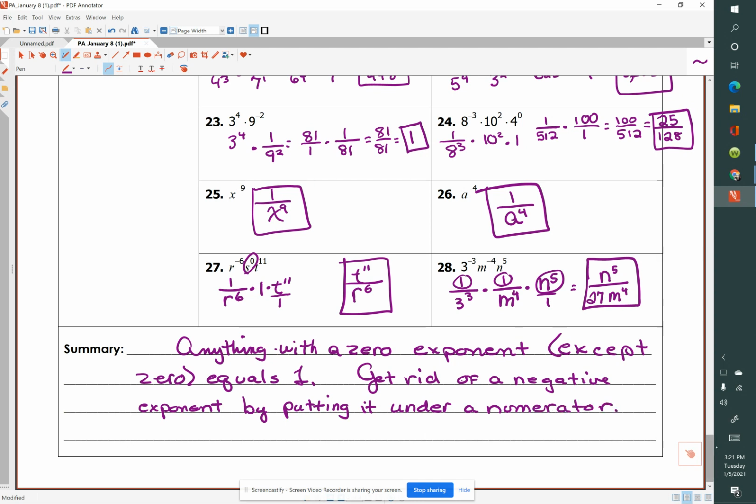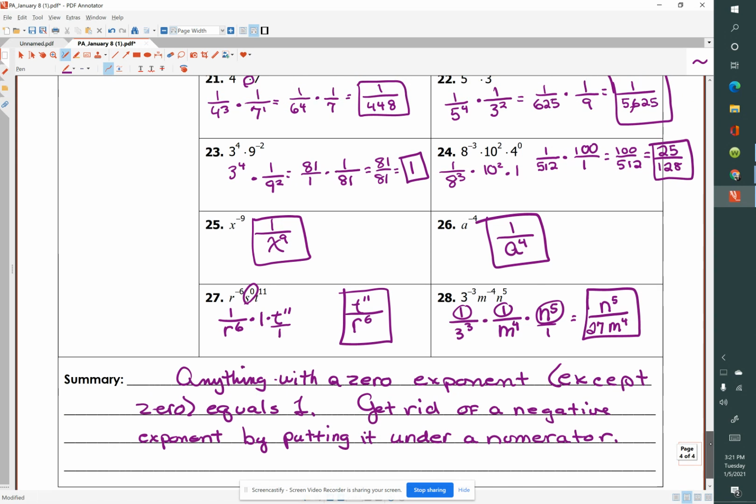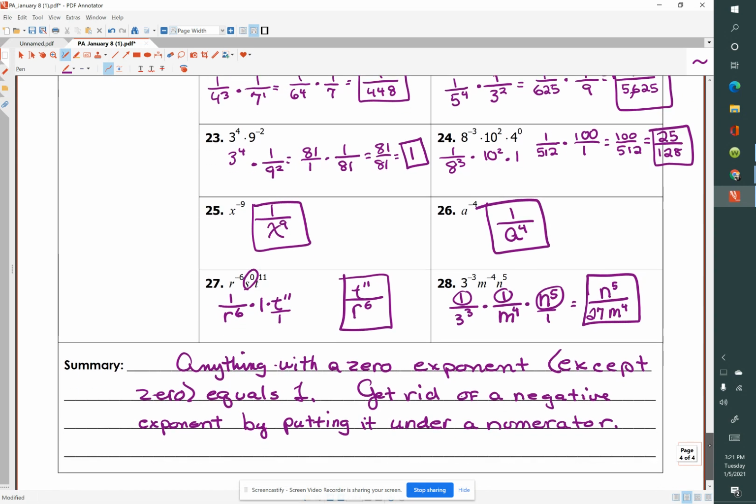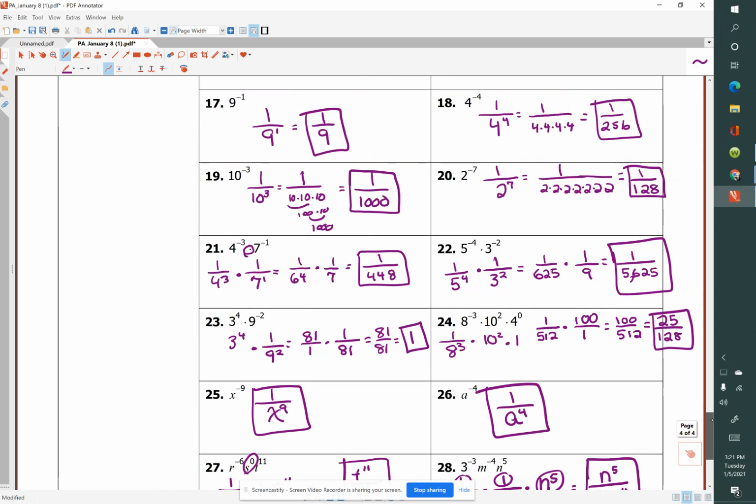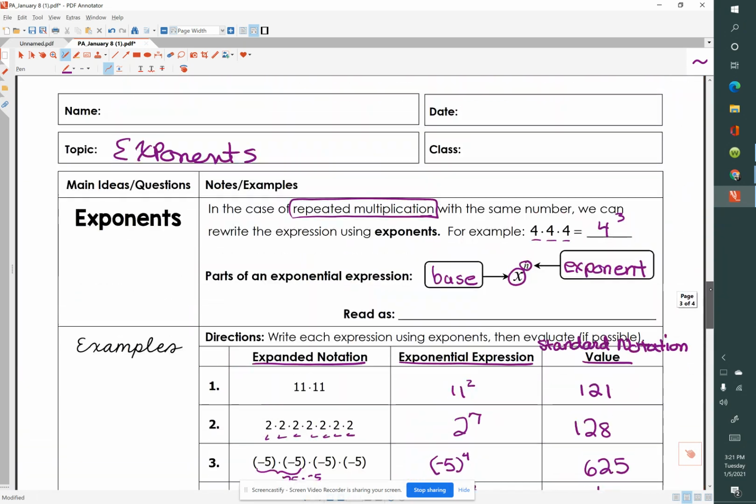And you can go in the other direction as well. If you have a negative exponent, you can make it positive by putting it in the denominator. If you have a whole number exponent in the denominator and you needed a negative exponent for some reason, you could just pull it out from under the denominator to do that.